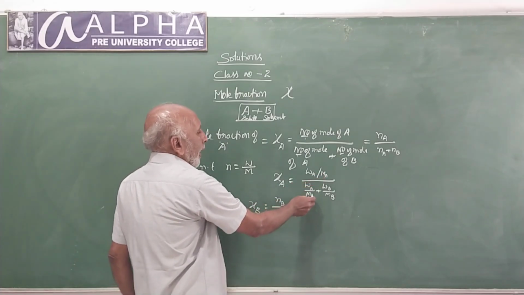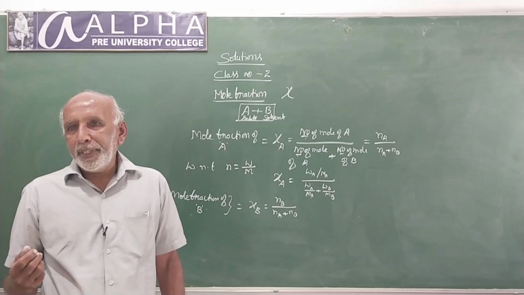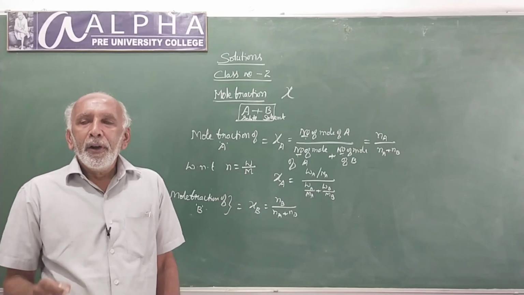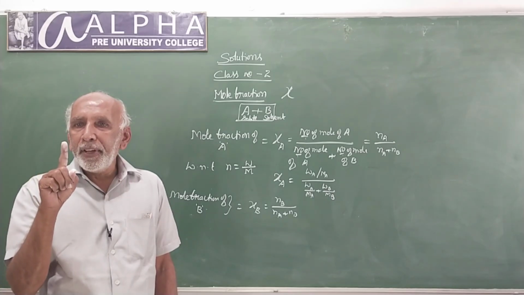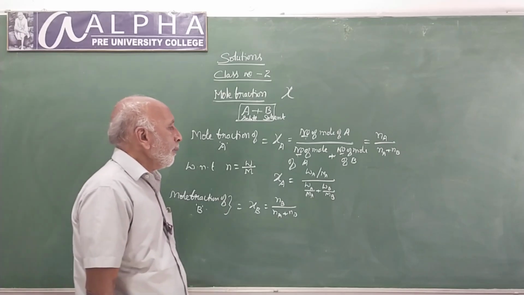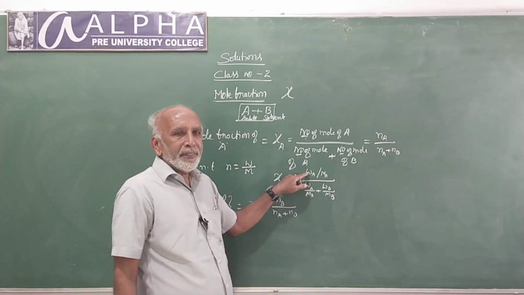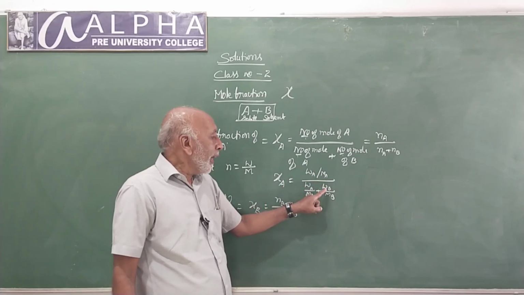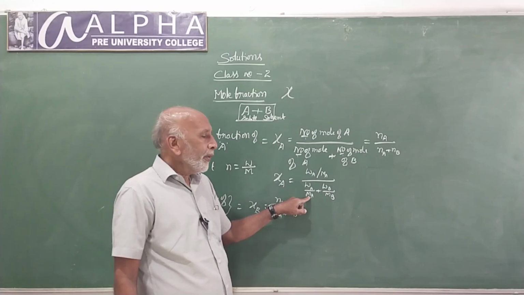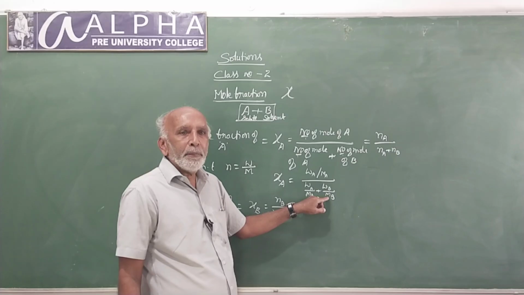Ma and Mb are their molar masses. In case of dilute solution, amount of solute is very small compared to the solvent. That means mass of solute is very less. So, here Wa by Ma value is much smaller than Wb by Mb.